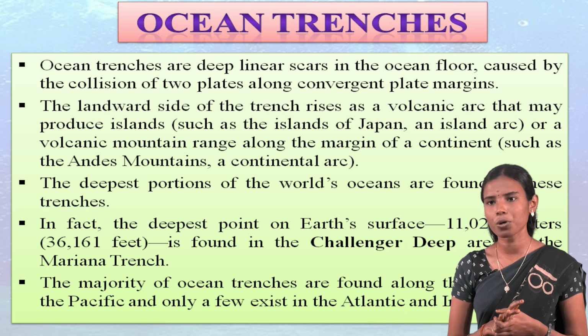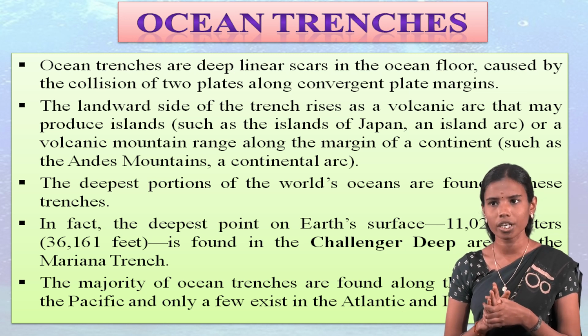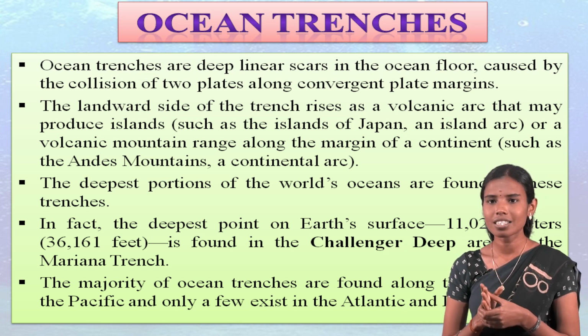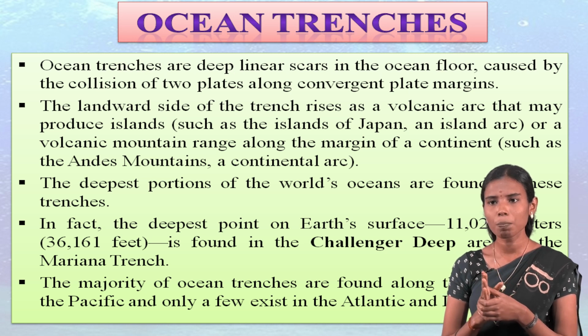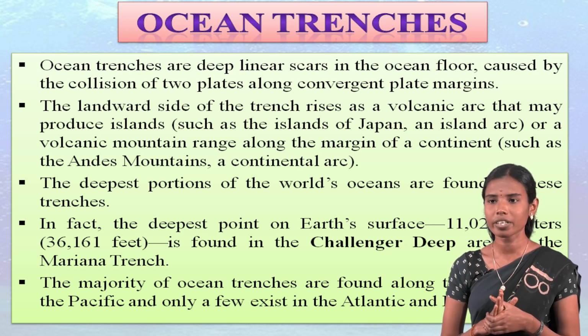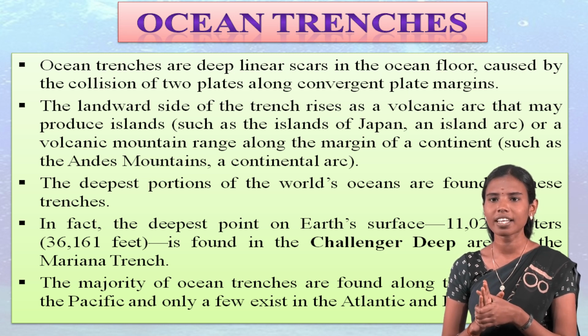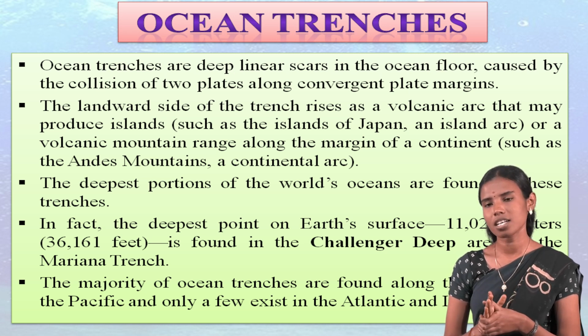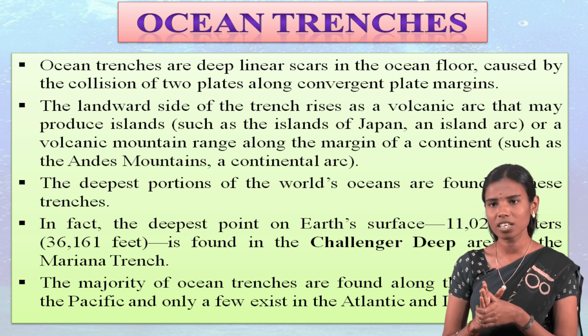The deepest portions of the world's ocean are found in these oceanic trenches. In fact, the deepest point on Earth's surface, that is 11,022 meters, is found in the Challenger Deep area of the Mariana Trench, which is located in the Pacific Ocean.